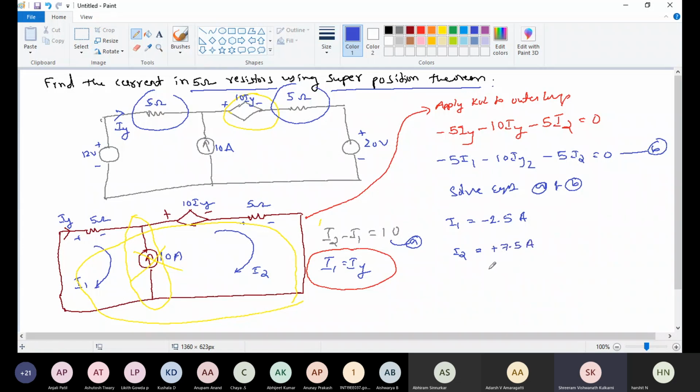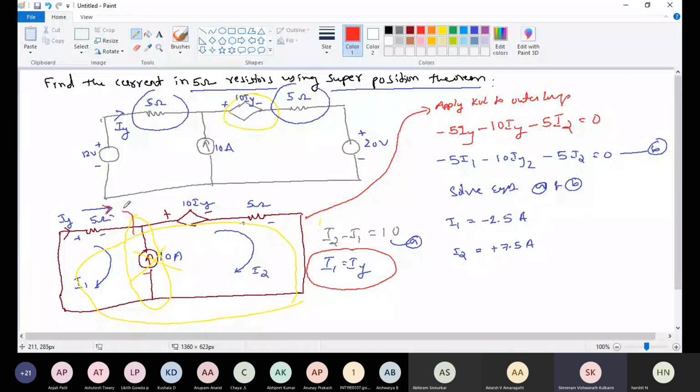Okay, now how are we going to decide the signs? See here, for this resistor, current is flowing in this direction. And this current I1 is due to this 10 ampere.